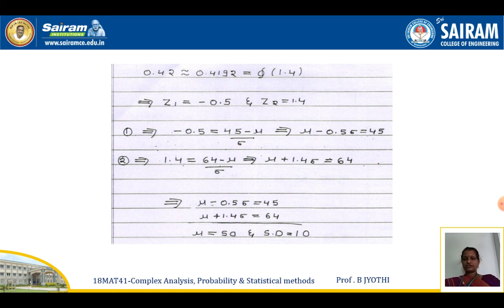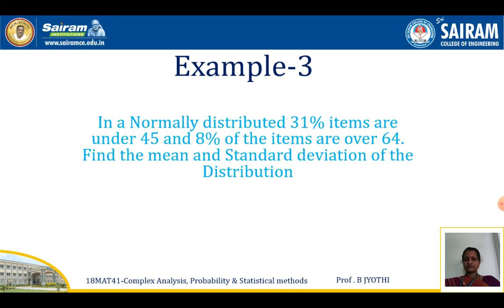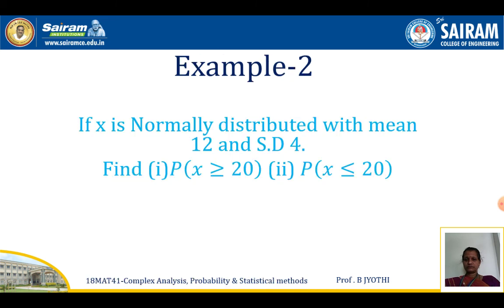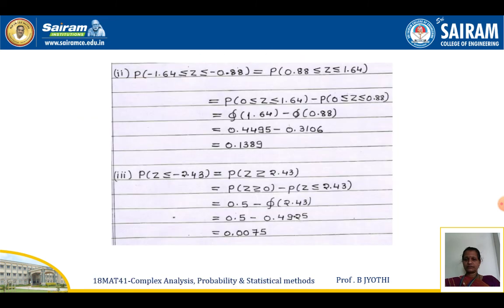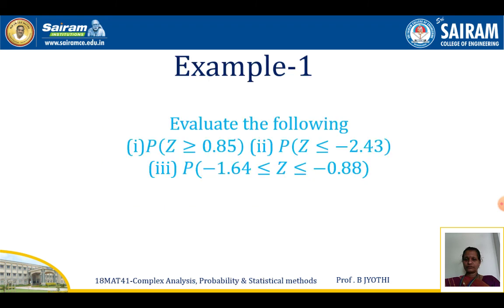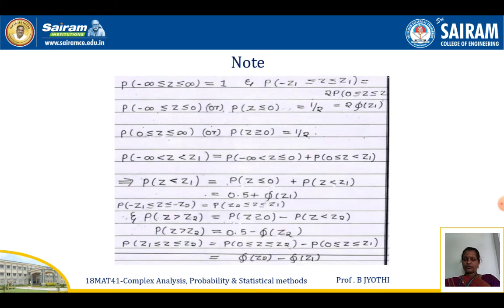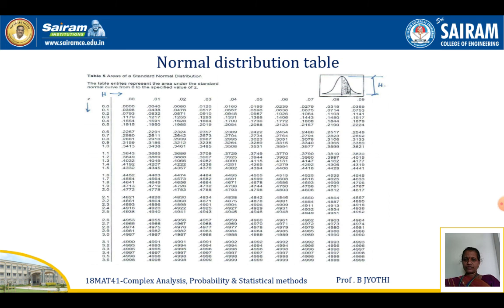Let's see how it has to be. 0.42, I said it is 1.4. Go back to the table. See, look at this. 4192 is near to 1.4. That is why we are taking it.